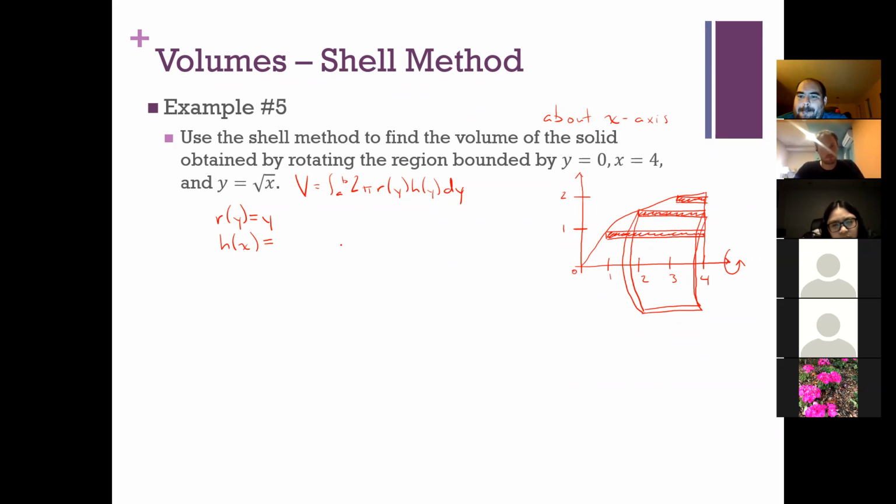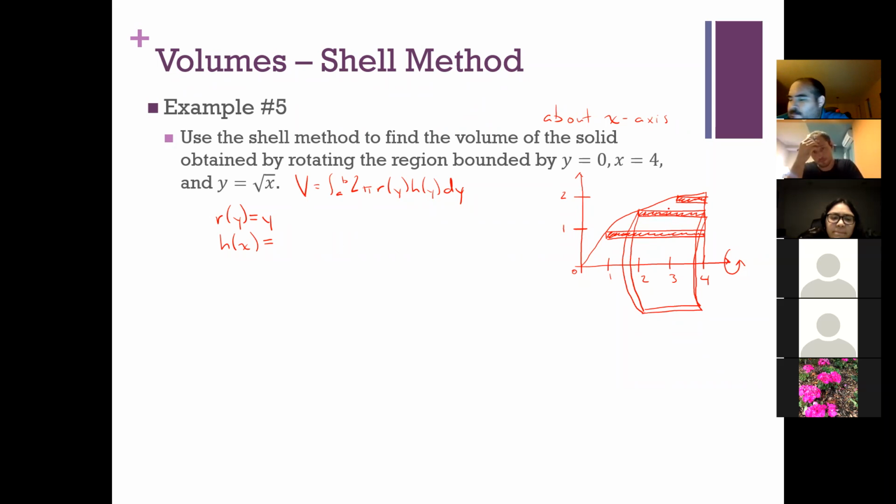When we do that, it'd be square root x? Not quite. So let's go back to these 3 rectangles here.